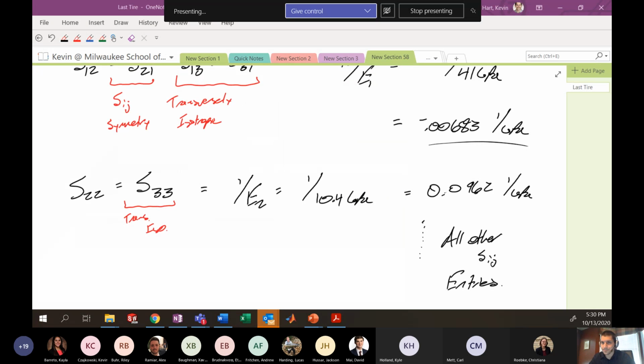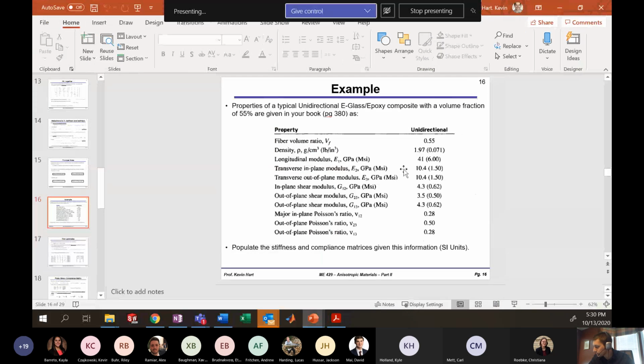So in the problem here, this is information of a composite that has already been fabricated, right? So a typical unidirectional E-glass epoxy composite. So we've already gone through the micromechanical models to determine things like the modulus in the 1 direction of this composite, modulus 2, modulus 3, etc.